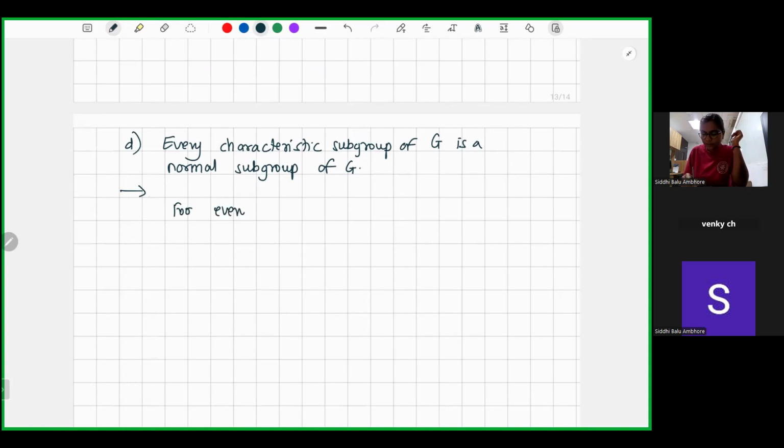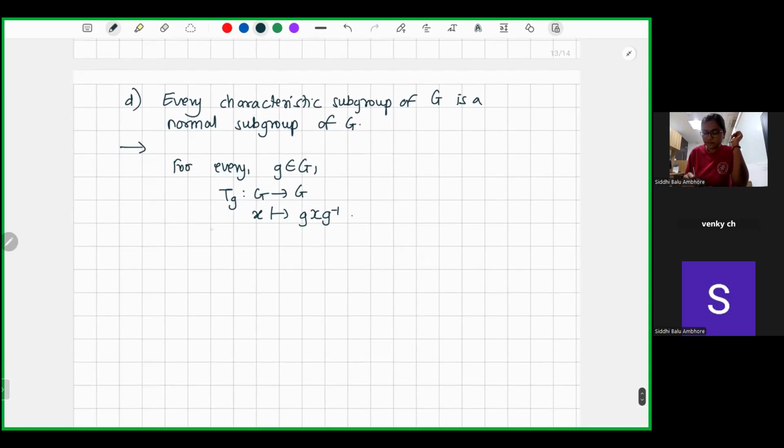So first of all, note that for every g in G, we have this automorphism T_g such that x goes to g x g inverse. And this T_g is an automorphism for every g in G. You can check this.